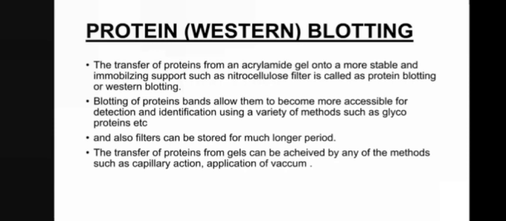Blotting of protein bands allows them to become more accessible for detection and identification using a variety of methods, and the filter can also be stored for a much longer period. The transfer of protein from the gel can be achieved by methods such as capillary action, application of electric current, or application of vacuum.